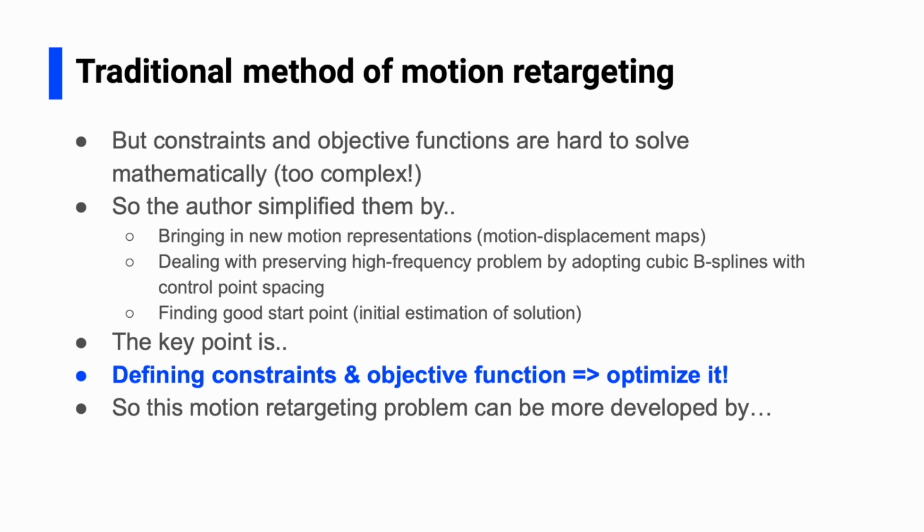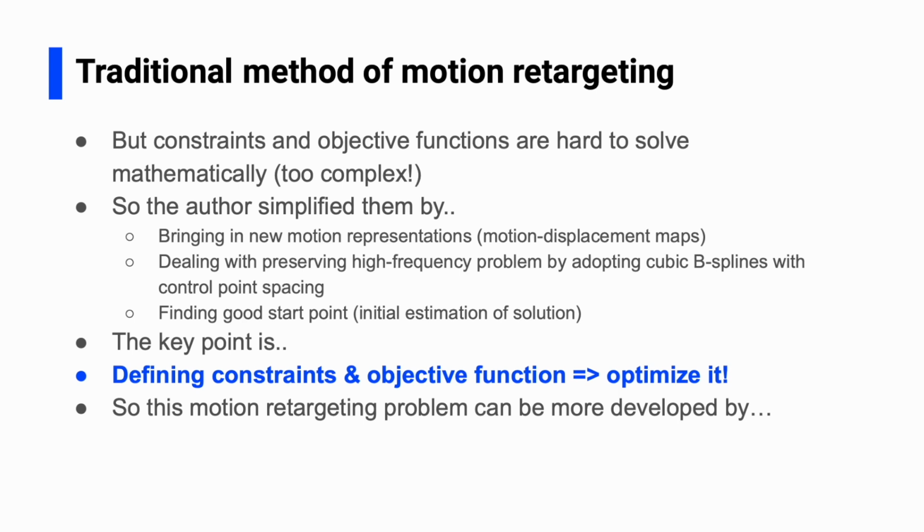So the author simplified them by bringing in new motion representations such as motion displacement maps, dealing with preserving high frequency by adopting cubic B-splines with control point spacing, and also finding a good start point, which means an initial estimation of the solution. These are quite low level to explain in this short lecture, so if you're interested, I recommend you read this paper.